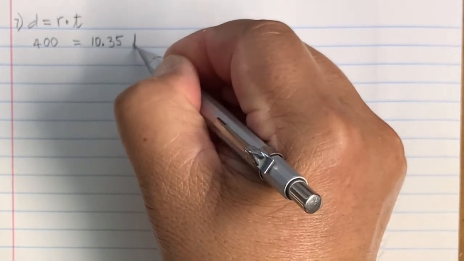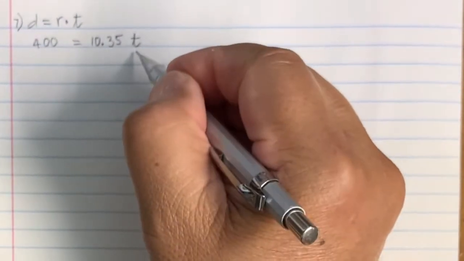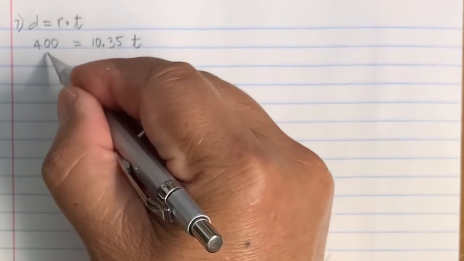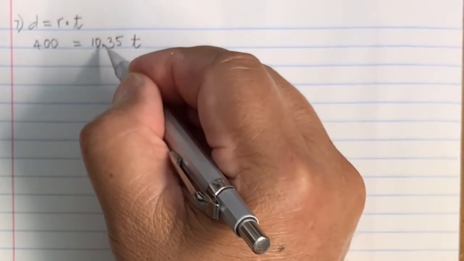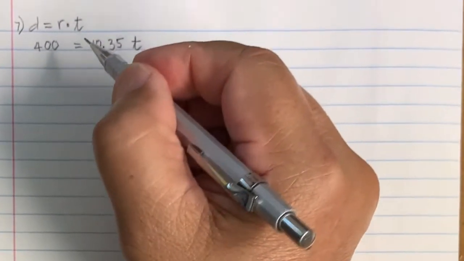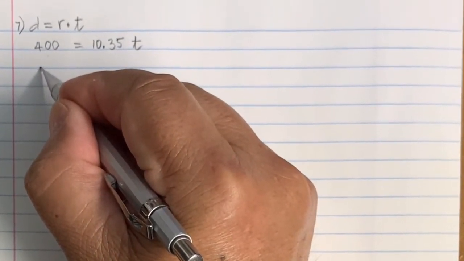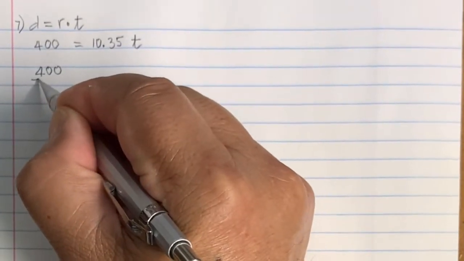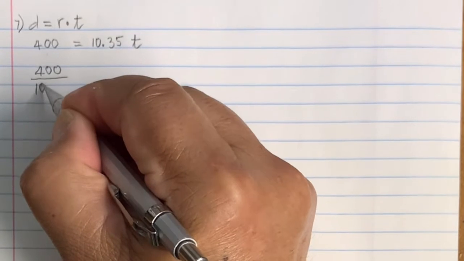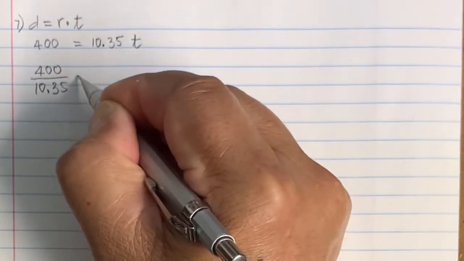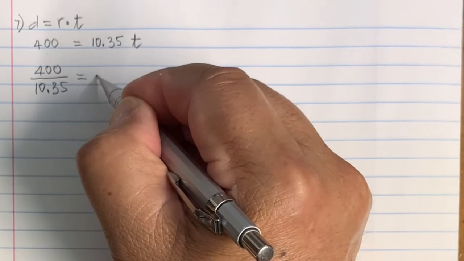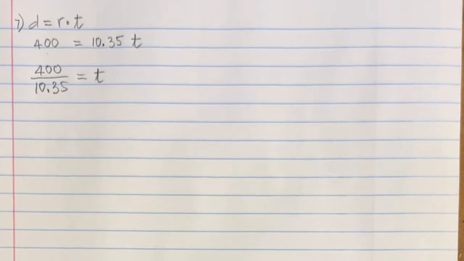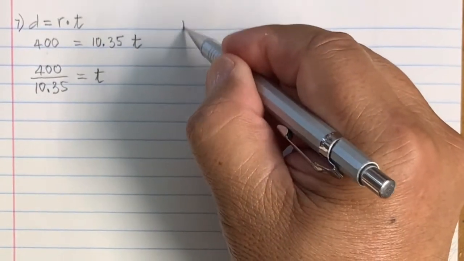And then the time T. Okay. Now we need to solve for the time T. So we are going to cross divide 10.35 down here. All right. So on the left side, we have 400 divided by 10.35, and then on the right side T remains. Okay. So let's work that out.